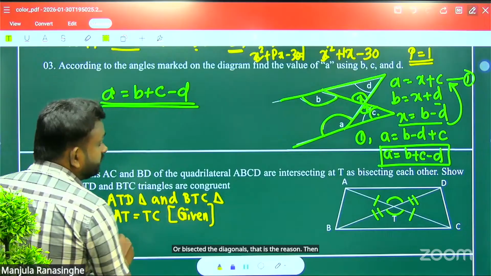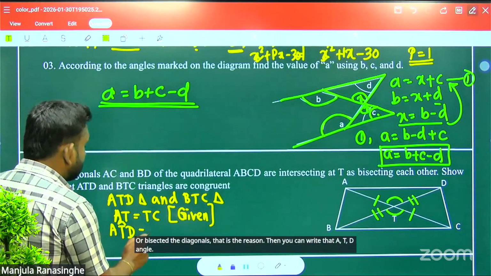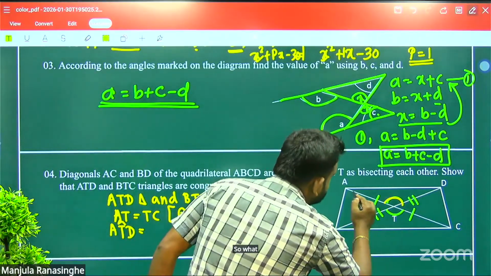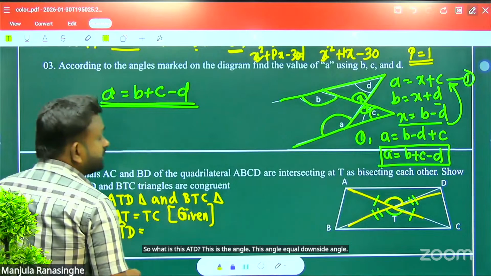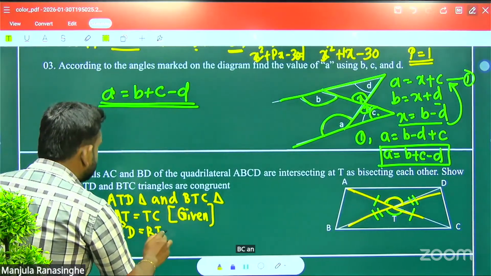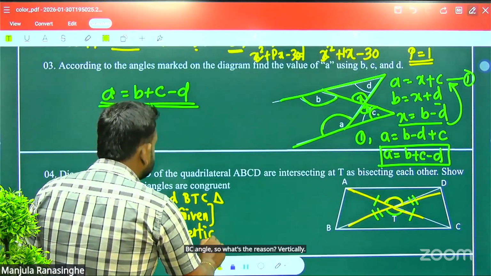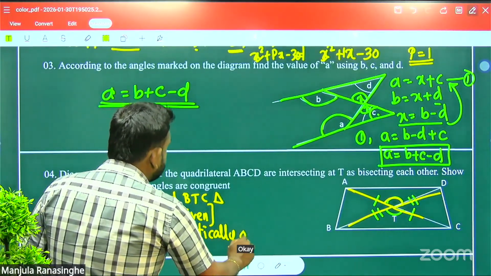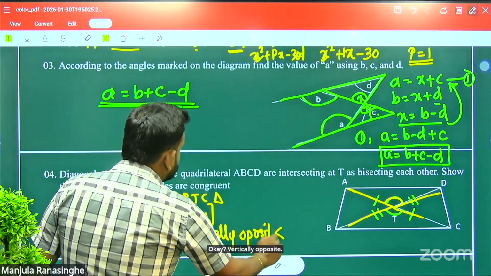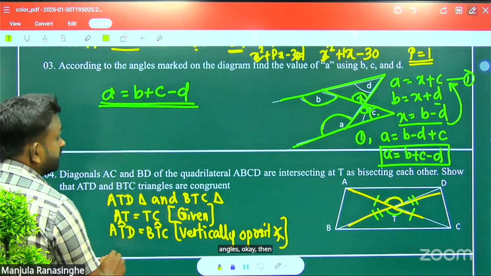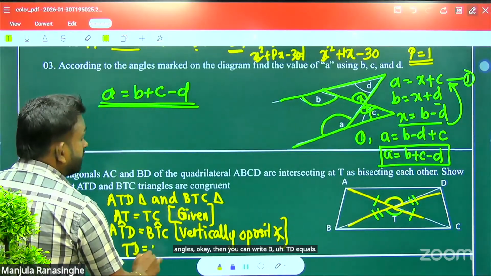Then angle ATD equals the angle below, angle BTC. The reason: vertically opposite angles. Then TD equals BT.